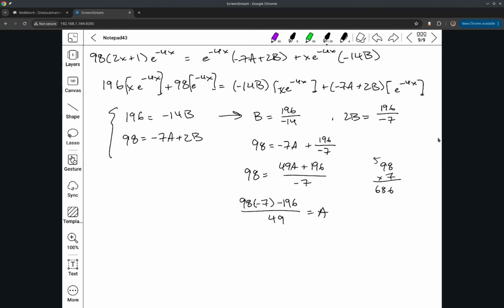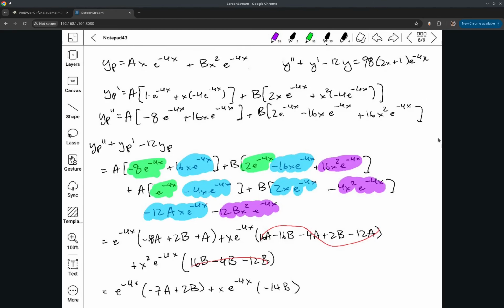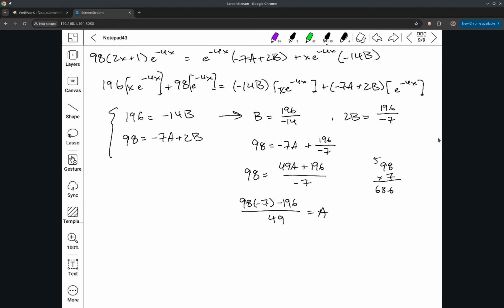I don't think that's getting especially nice looking. So yeah, I'm not going to go ahead and try to simplify that.